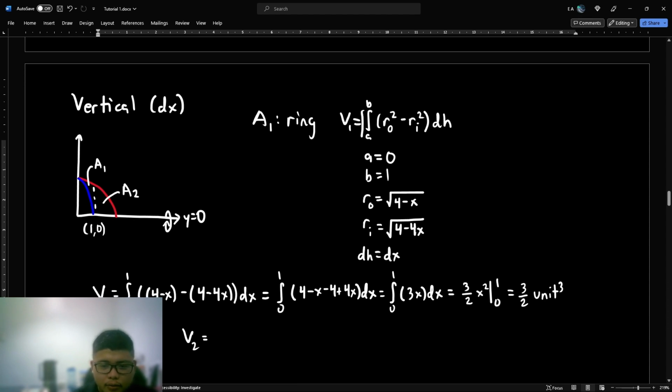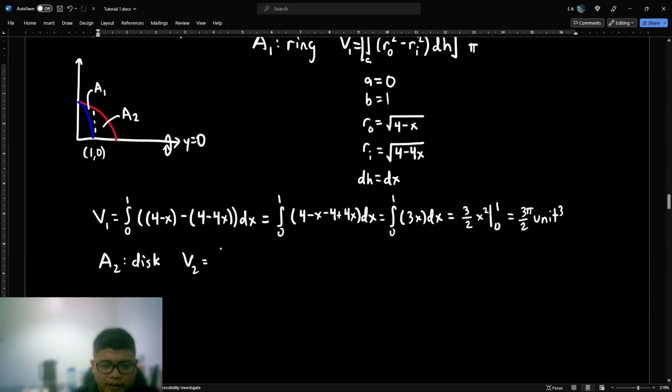It is actually 2 multiplied by pi. So our answer for V1 should actually be 3 pi over 2. So for a disk, it's actually pi times the integral from a to b of r squared dh.